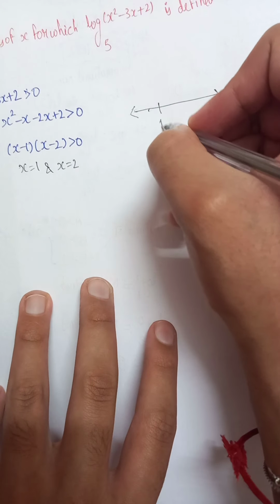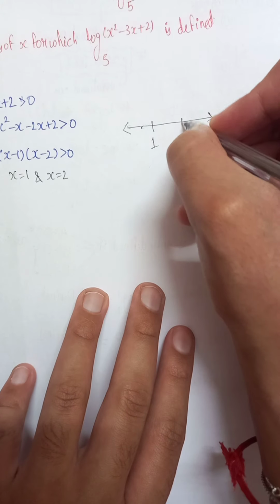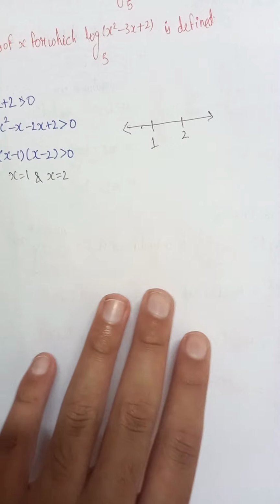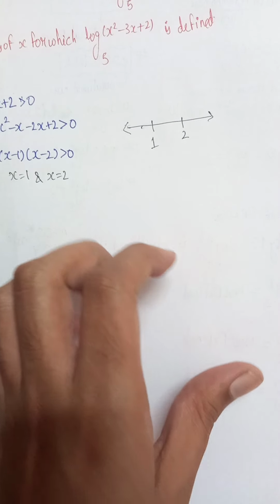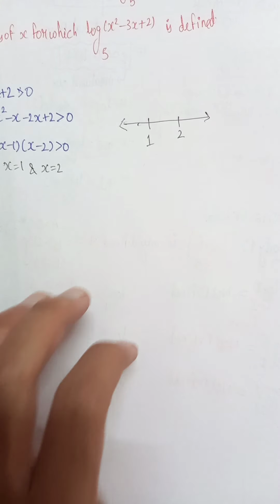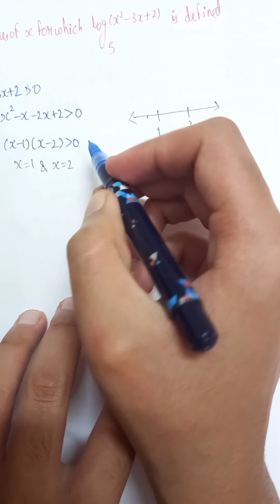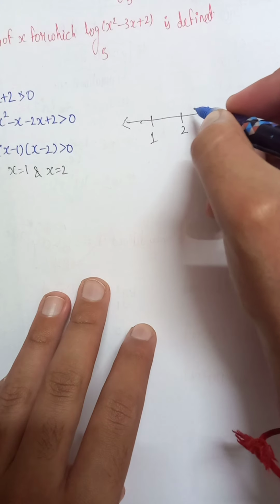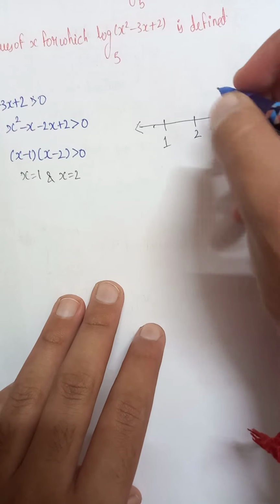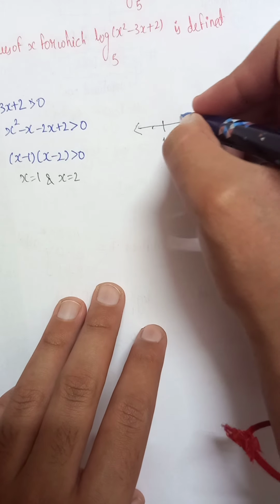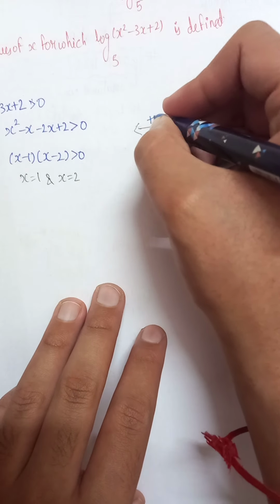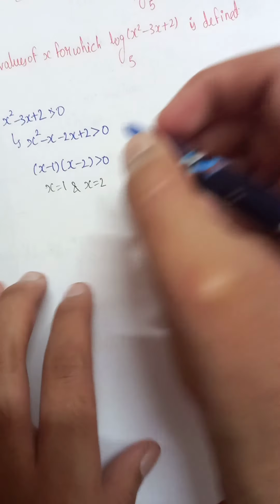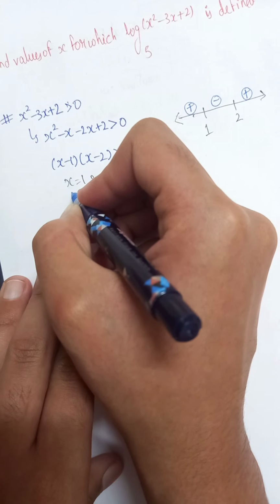So plot the number line with 1 and 2. Okay, since there is a greater than symbol here, we start from the right side as plus, minus, plus.